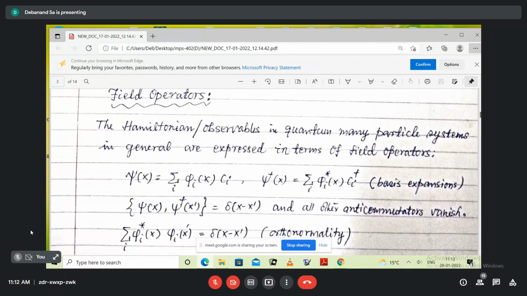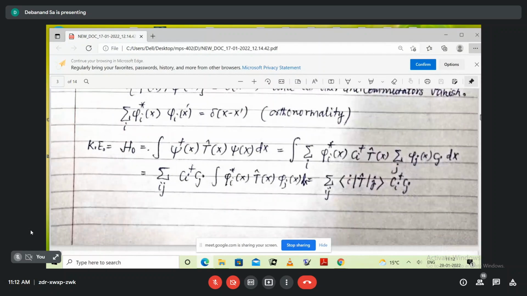Okay, so that's a little different. And then one can write down any operator. Like here I tried the kinetic energy operator. I haven't explicitly written the kinetic energy operator because I'll do it. Just wait for some time, whenever I go to the discussion on solids.